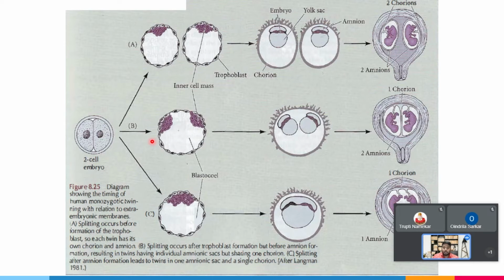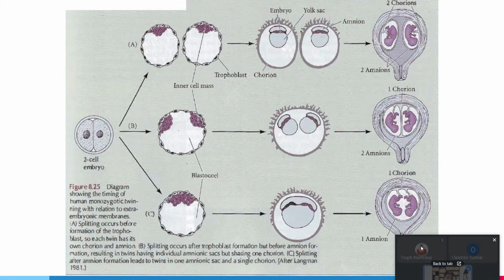But if it divides such that only the ICM separates into two and we still have one trophoblastic layer, since trophoblast will give rise to the chorion, we have one chorion and two amnions as seen right here. One chorion and two amnions. And finally, if the separation occurs even later, after the ICM has separated out, then the cells divide into two.